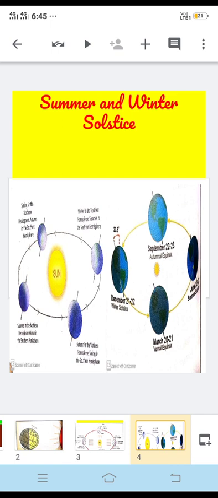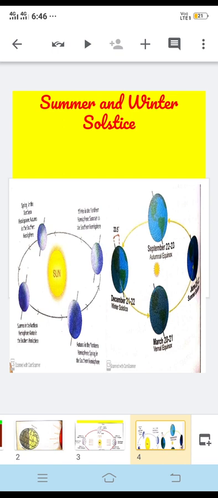Okay, so most of the countries are in the northern hemisphere, including India. So the rays of the sun fall directly on the Tropic of Cancer. Okay, the rays of the sun fall directly on the Tropic of Cancer.